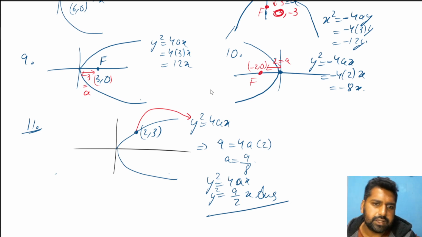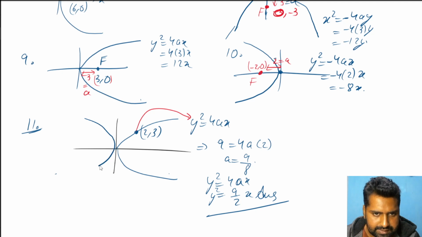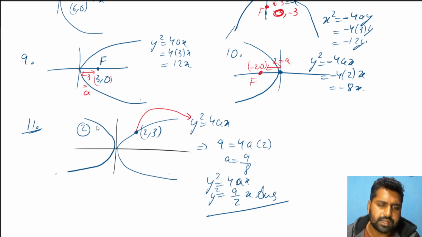I'll repeat the idea again. We got two options. It was saying that the parabola was having axis as x-axis. So these two are the only options. But if we consider the second one, not the first one, the problem is this parabola cannot have a point 2 comma 3 because it's in the second and the third quadrant. How can 2 comma 3 lie on this parabola?